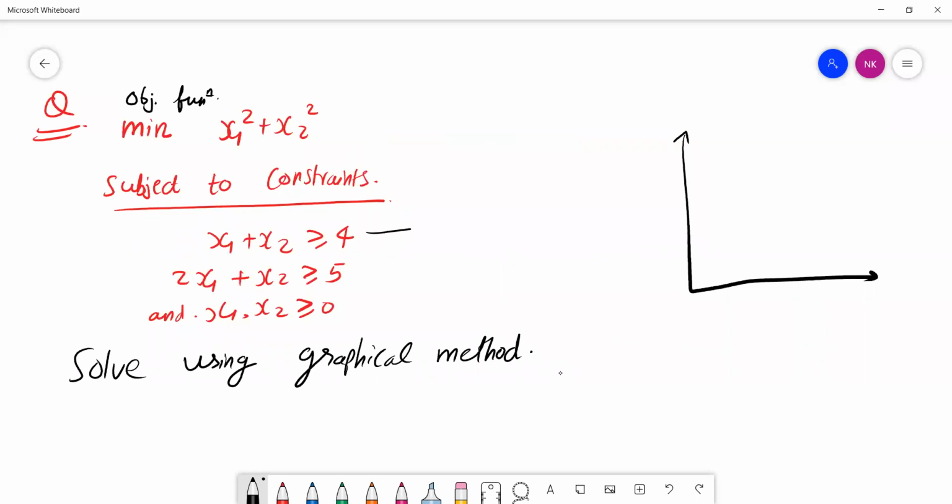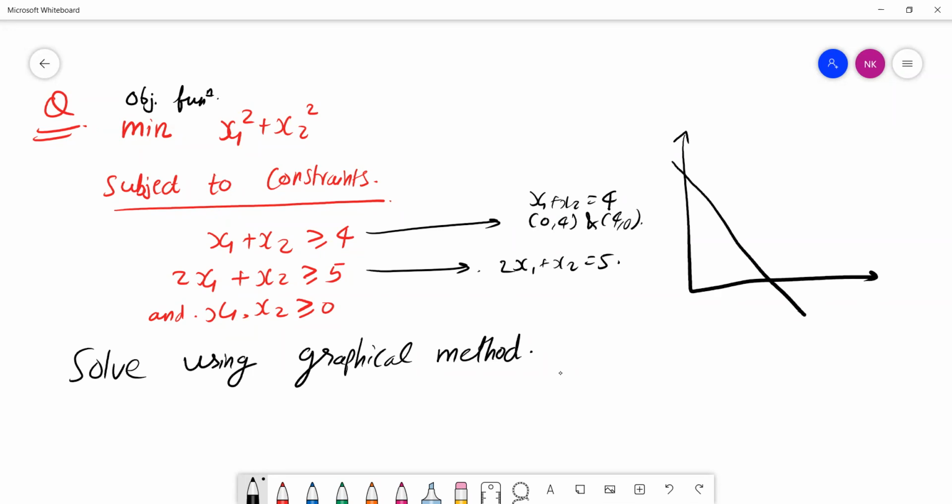You would be plotting this set of lines by just converting the inequality to equality. Let's say x1 plus x2 is equal to 4, and this will be 2x1 plus x2 is equal to 5. So the points will be 0, 4 and 4, 0. So somewhere over here, and over here your points will be, if I put 0 over here, then it will be 5, and if I put 0 over here, then it will be 2.5.